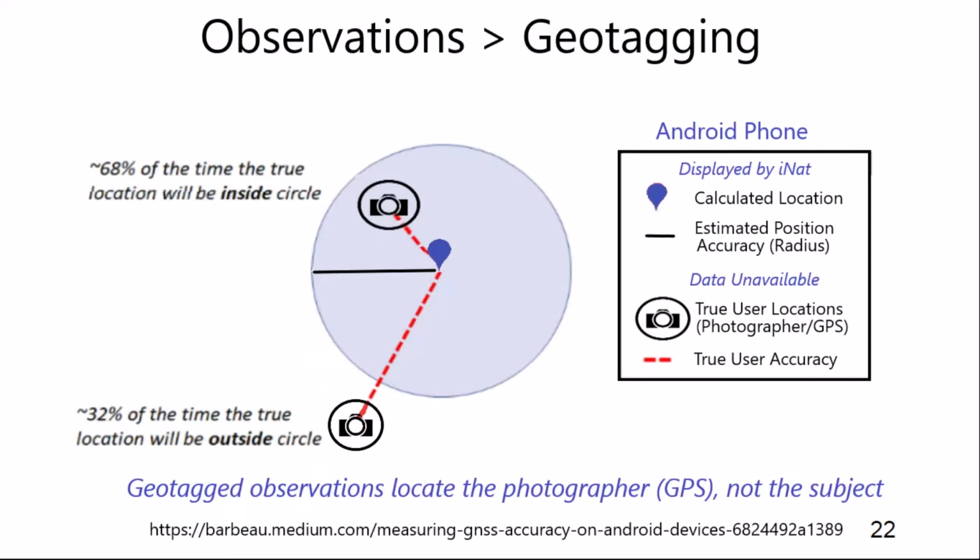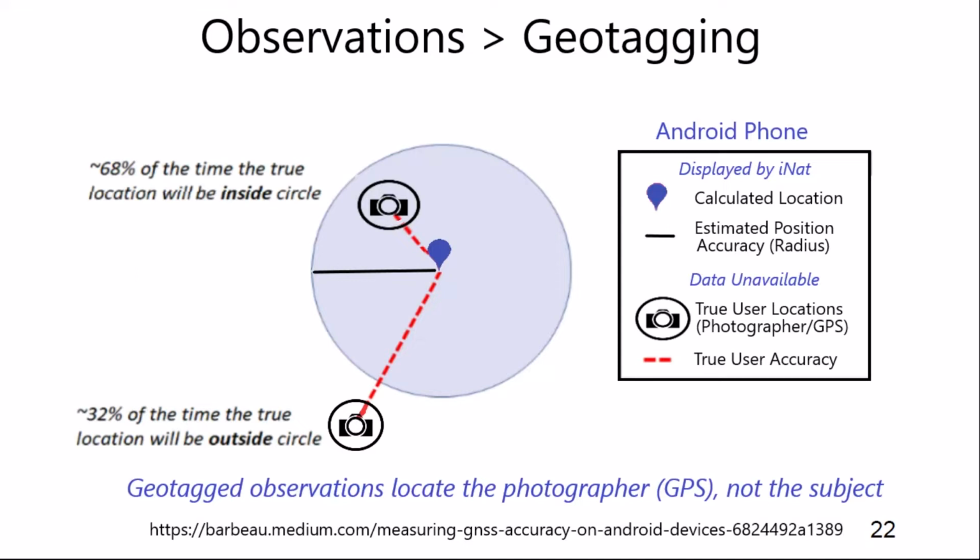Now, not every app records accuracy, but someone actually went to the trouble to figure out how much accuracy they were getting with their Android phone. So if you're standing where the photographer was and taking a picture, he's telling you that 68% of the time you will fall within that accuracy circle.